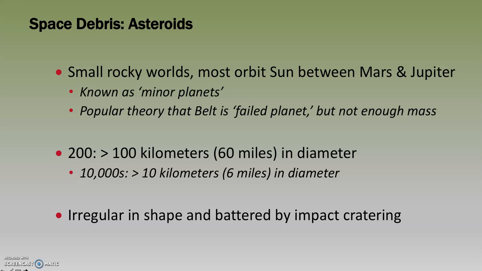There are about 2 of them that are larger than 100 kilometers in diameter. It's about 60 miles. They're hard to track because they are so small in size. Tens of thousands of them are much smaller than that. They tend to be also hard to track because they're very irregular in size. And we will come back to more space debris in just a minute.